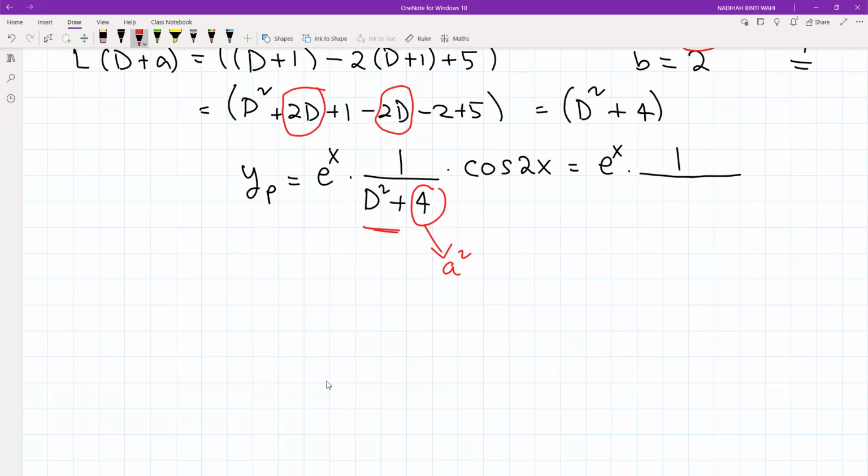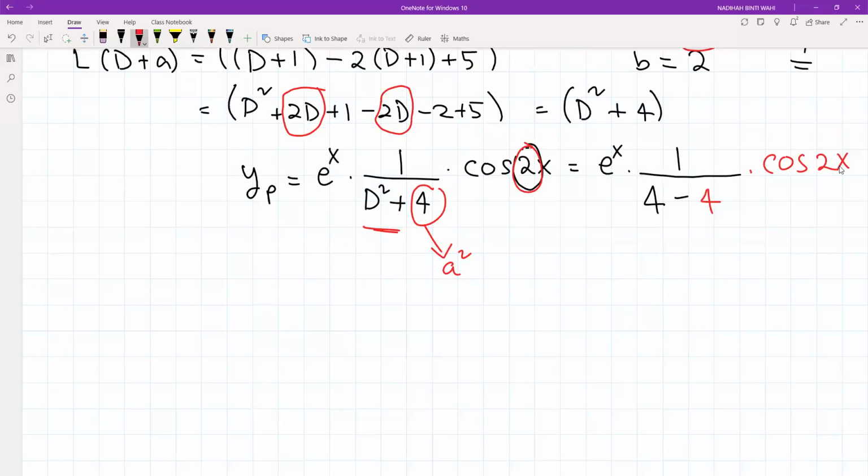Berhati-hati sikit, A bukan lagi sama dengan 1. So saya boleh buat, so yang ni adalah 4. So 4 tolak, okay, B. Dia trick dia kat sini. 4 tolak 4. Sebab apa? B sama dengan 2. Yang ni jadi cosine 2x.